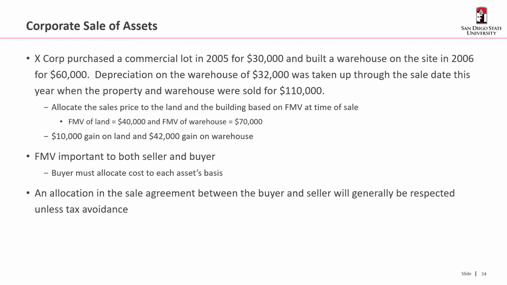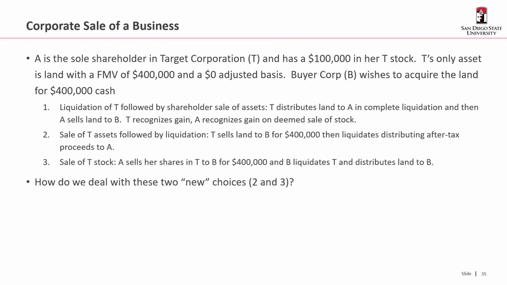So basically what you would like is the allocation to something depreciable to be higher, because that way you get to depreciate it. An allocation in a sale agreement between a buyer and seller will generally be respected unless there's some notion that there's tax avoidance going on.